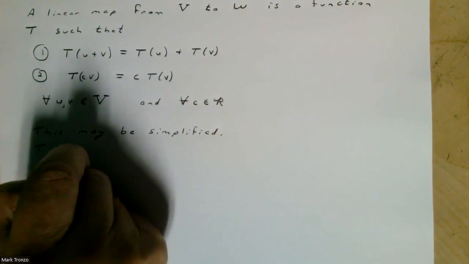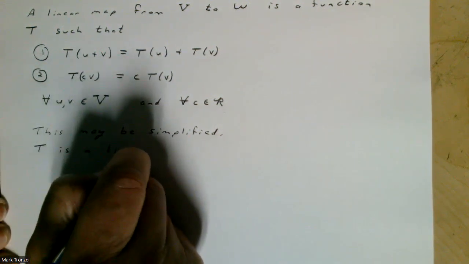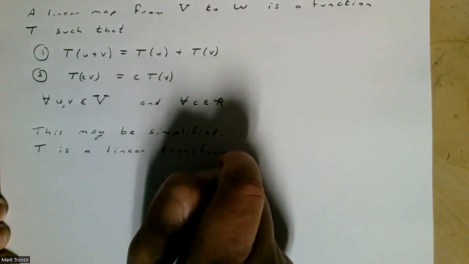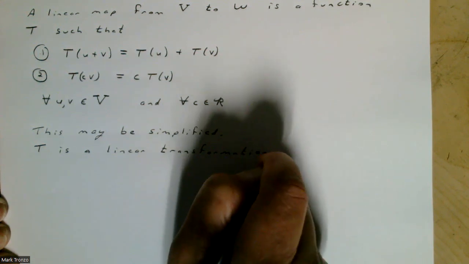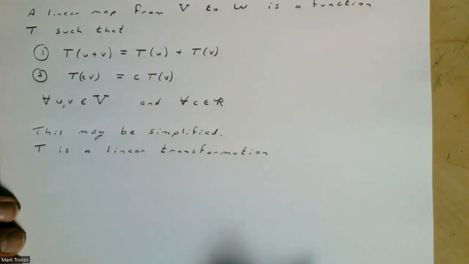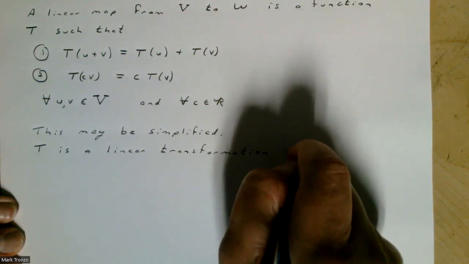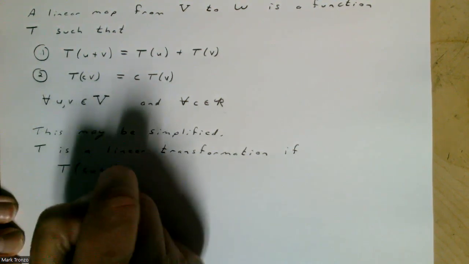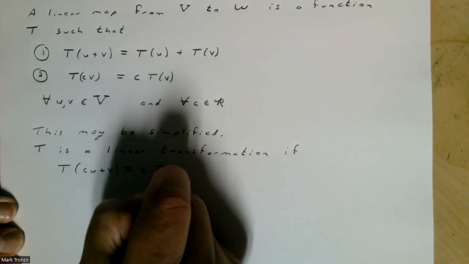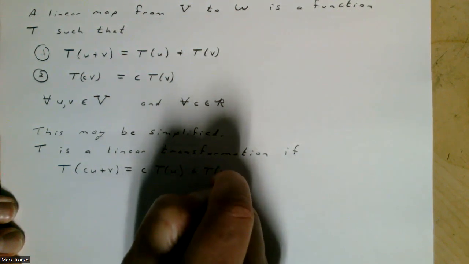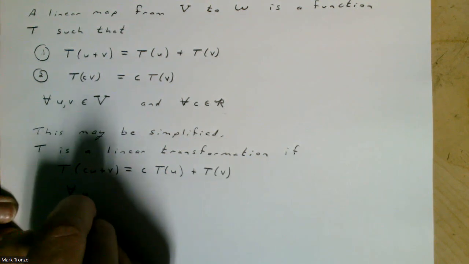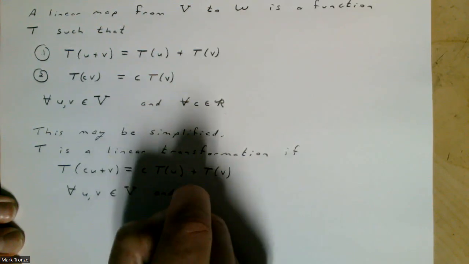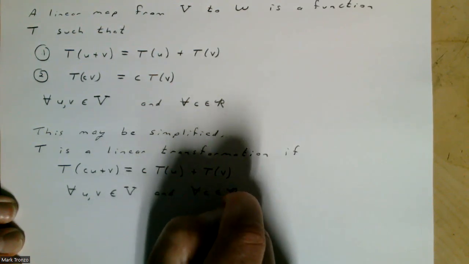T is a linear transformation, again say from the vector space V to W, if T(cu + v) is equal to cT(u) + T(v), once again for all u and v in the vector space V, and for all c in the reals.